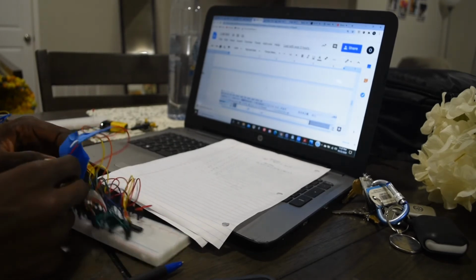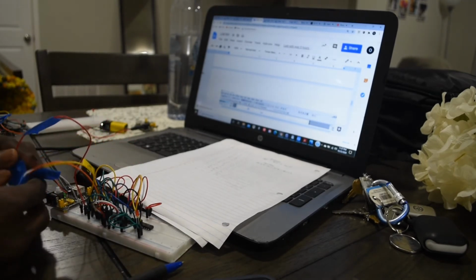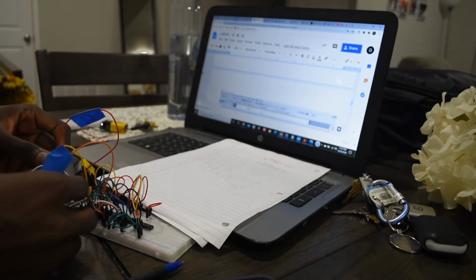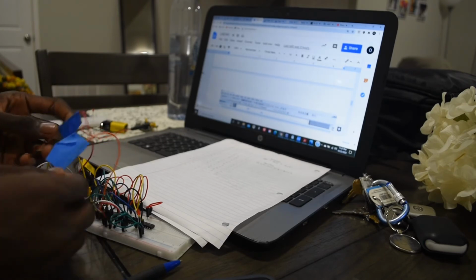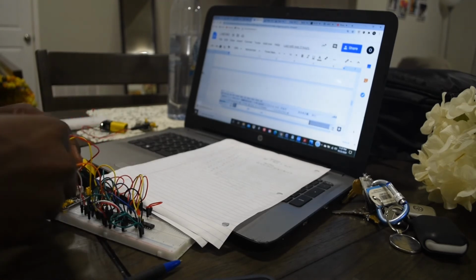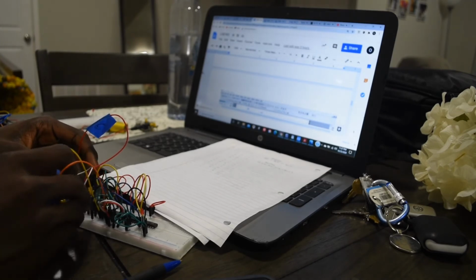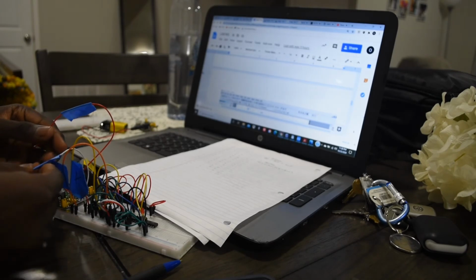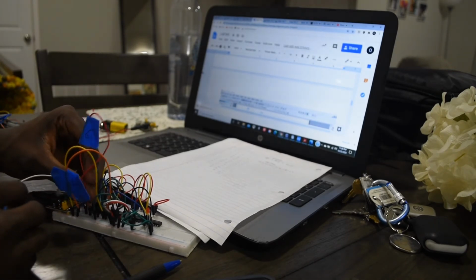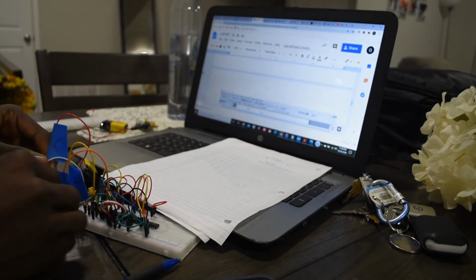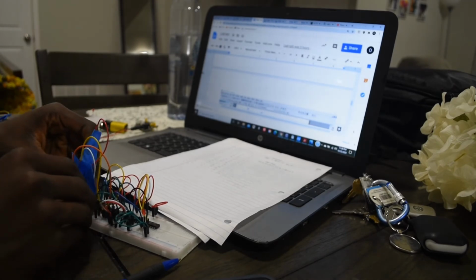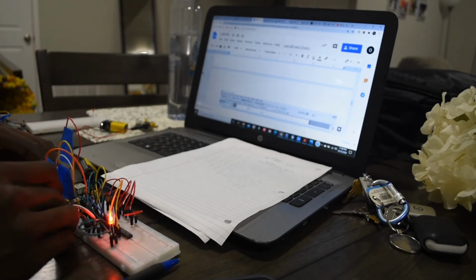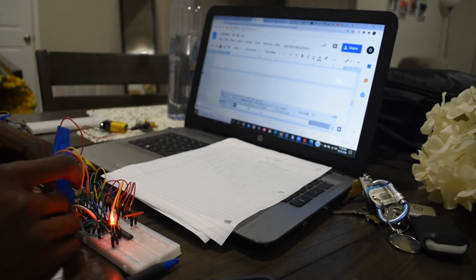I'm also going to test for 1 1 1 0. The light should also be on. 1 1 1, excuse me, 1 1 1 0. The light should be on because that's our output.